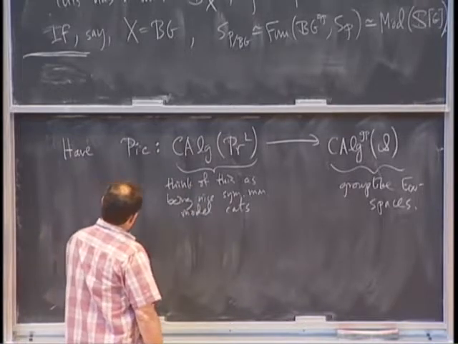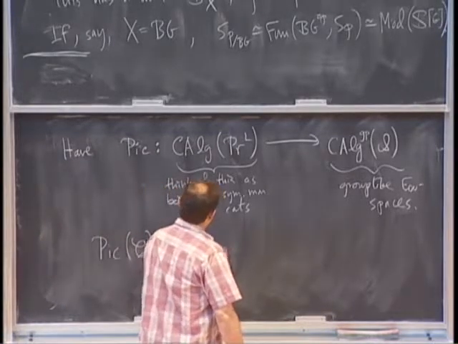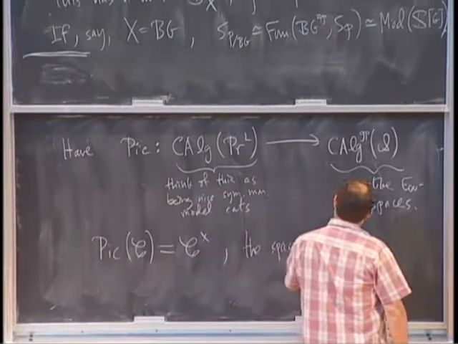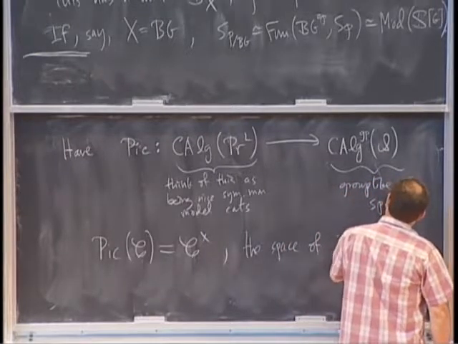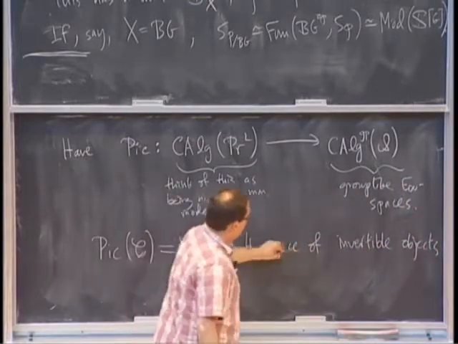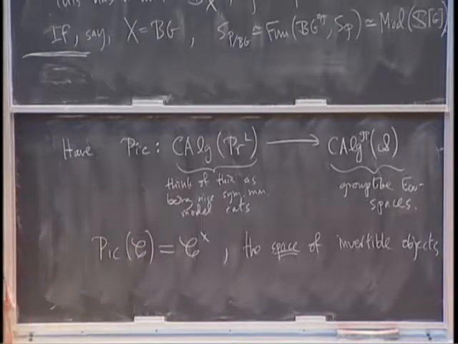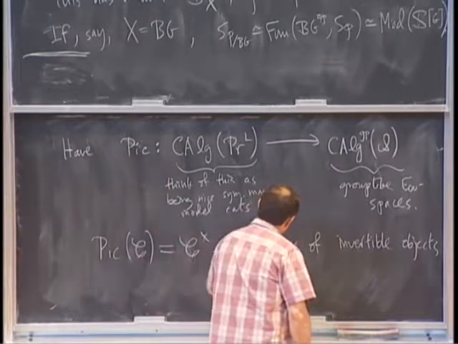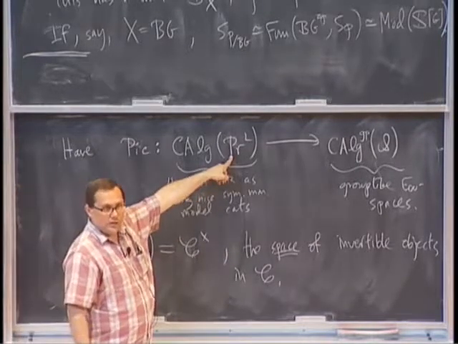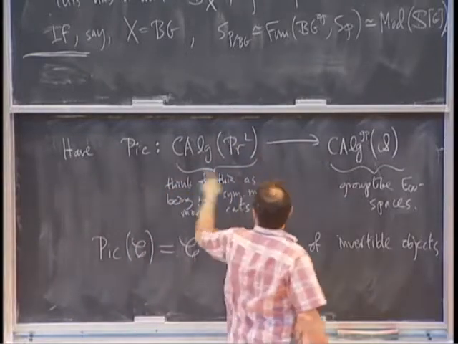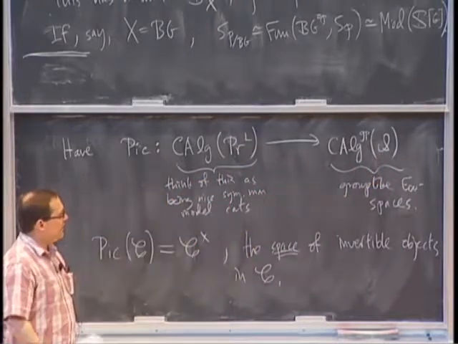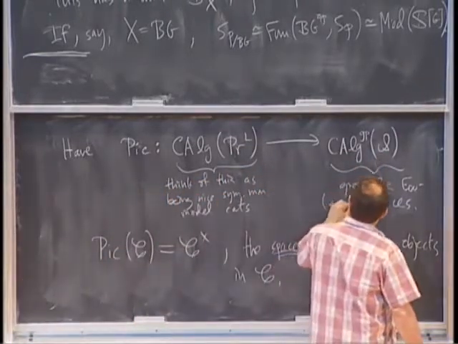Pic of C is by definition C cross, the space of invertible objects and invertible maps, but that's supposed to be implicit in calling it a space in C. And even though these are large categories, you can check that when I take Pic of something presentable, it has to be small. So this is actually small.